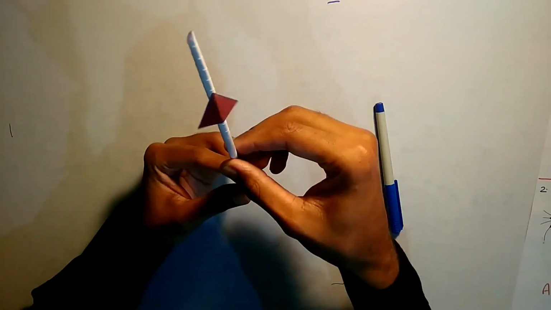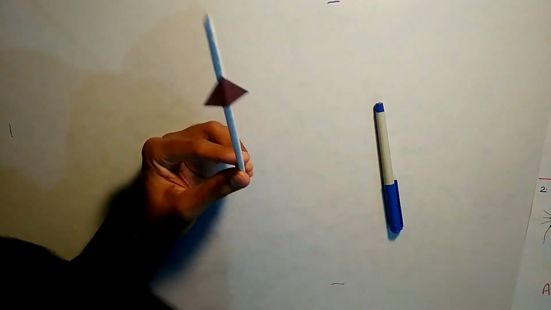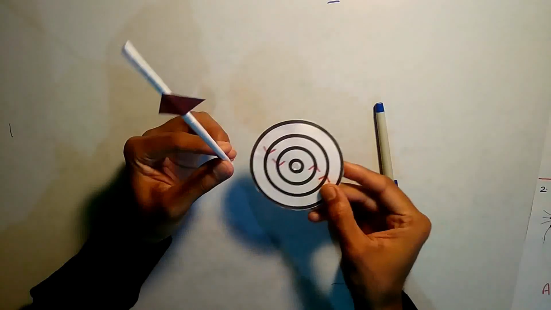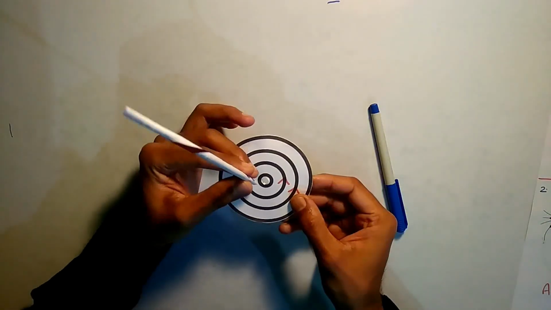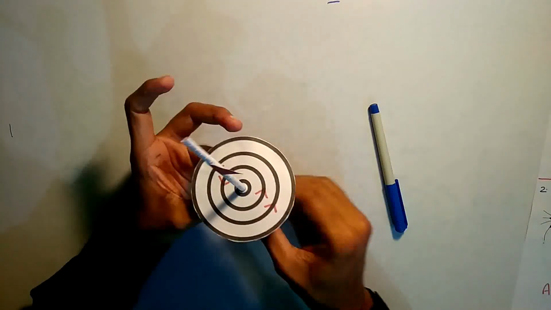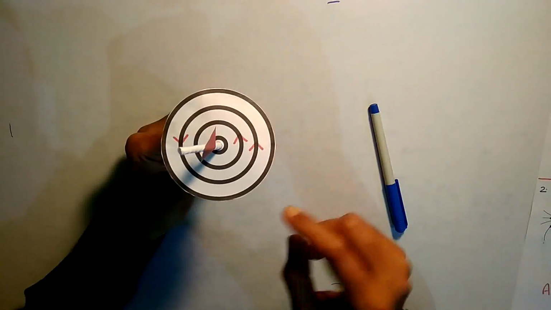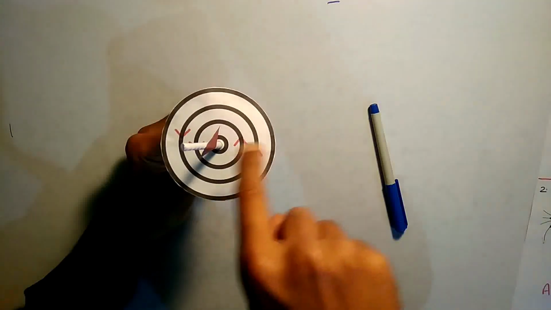To represent the magnetic fields created by this conductor, I have this piece of paper which shows the concentric circles. So in this case, we have an anti-clockwise magnetic field.